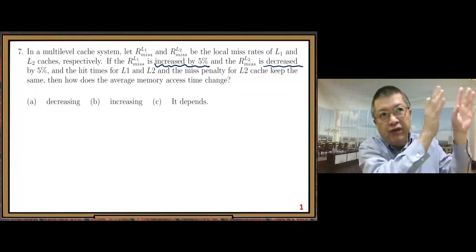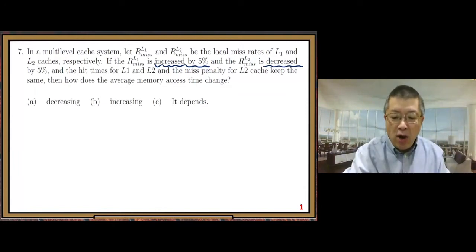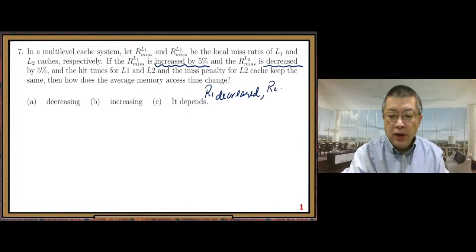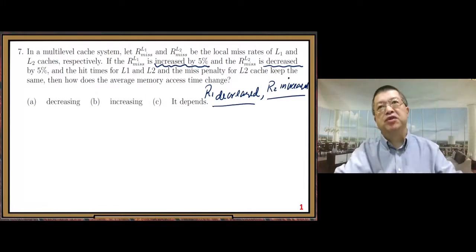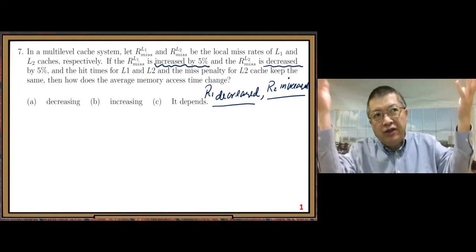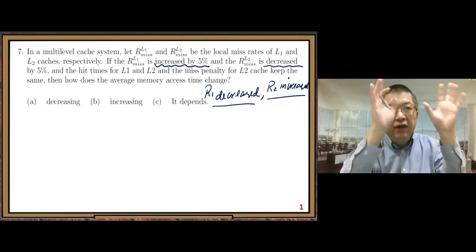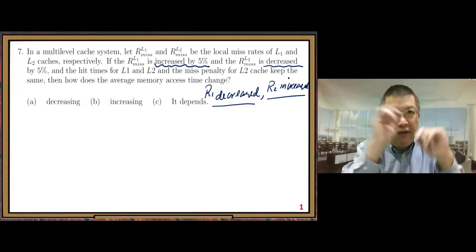In that previous example, R1 decreased first, R2 increased next. So there our analysis is based on this assumption. Then we get that answer. But here, the answer could be different.